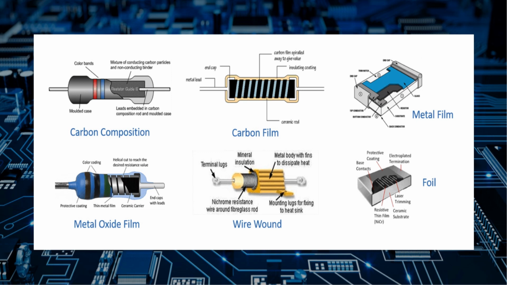Metal film resistors, used quite often in chip resistors. Metal oxide film resistors, similar to carbon film resistors. Wire wound resistors. Power resistors are normally wire wound, where a nichrome wire is wrapped around a ceramic substrate. And then foil resistors, also used in chip resistor application.